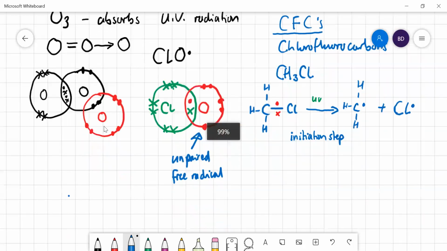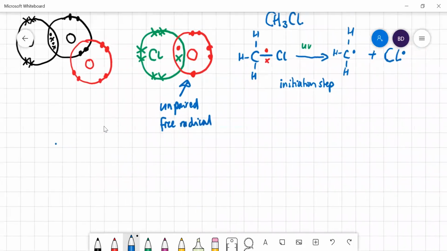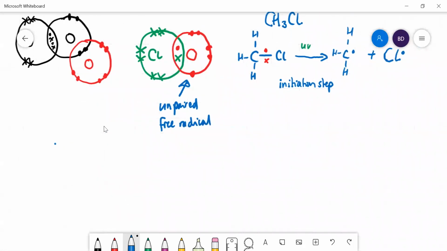Now the chlorine free radical then goes on to react with ozone, and it forms a molecule of oxygen, O2, and a ClO free radical.